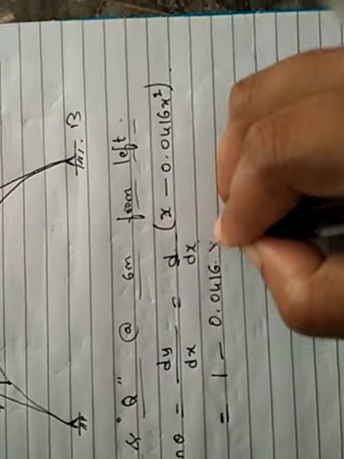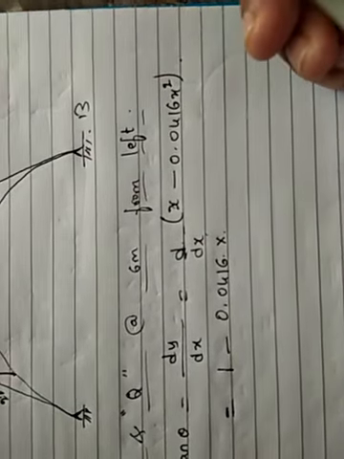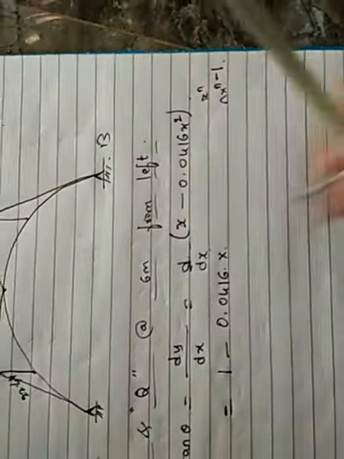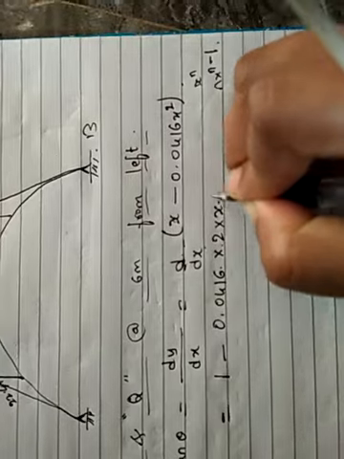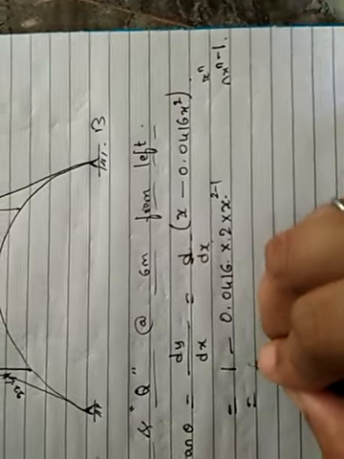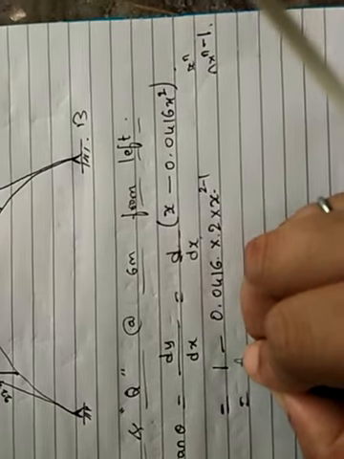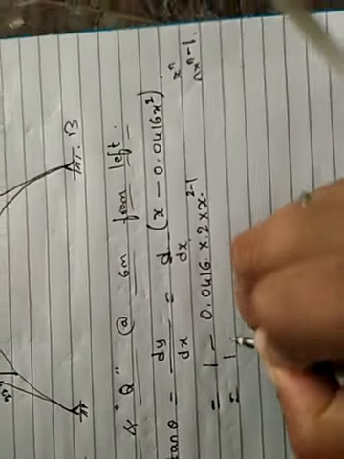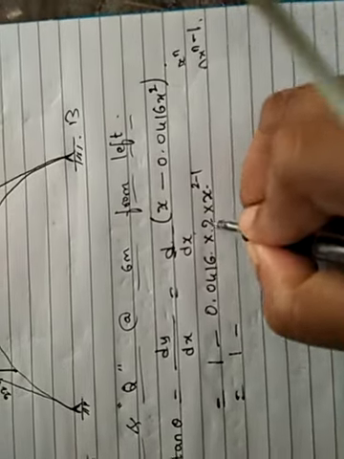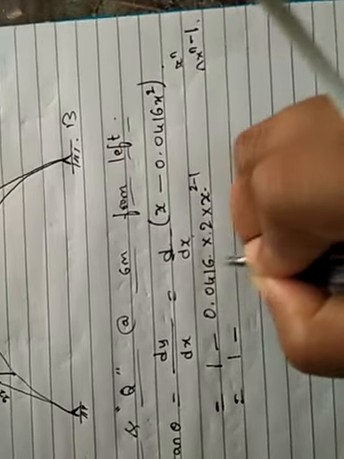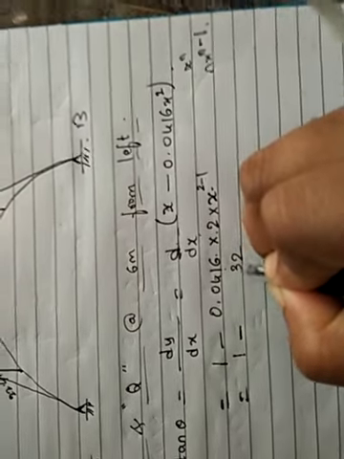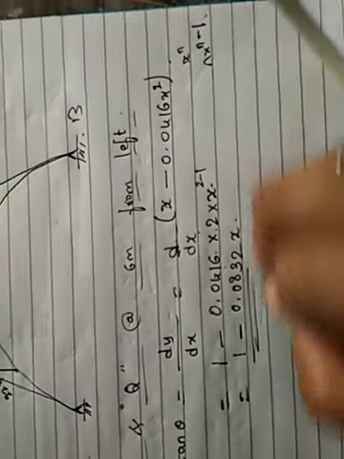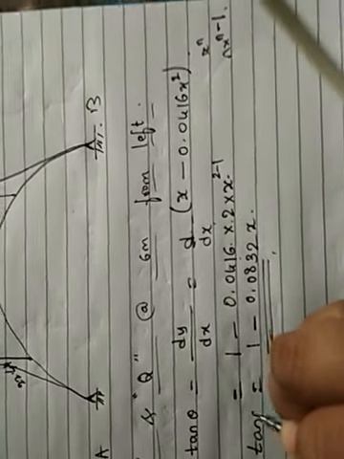The differentiation of x raised to n is n into x raised to n minus 1. So that is 2 into x raised to 2 minus 1. So we get 1 minus, multiply these two, the answer will be 0.0832 x. So this is tan theta.